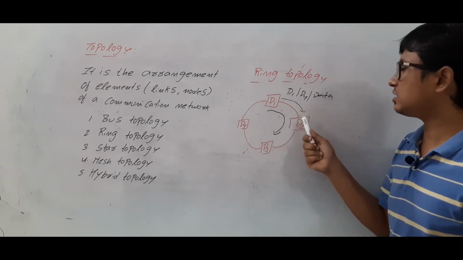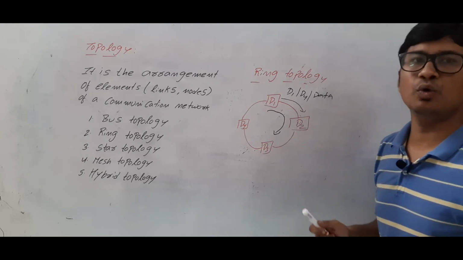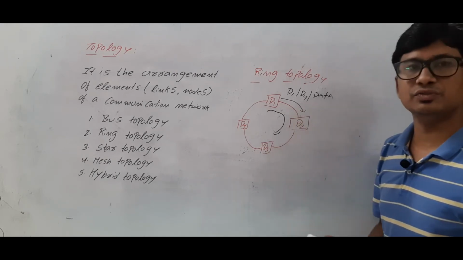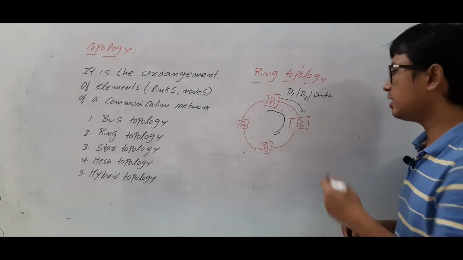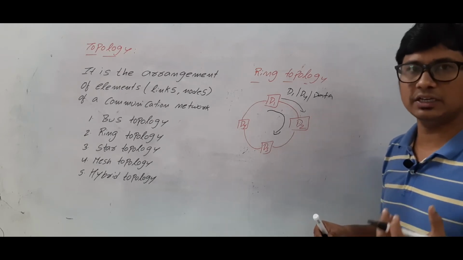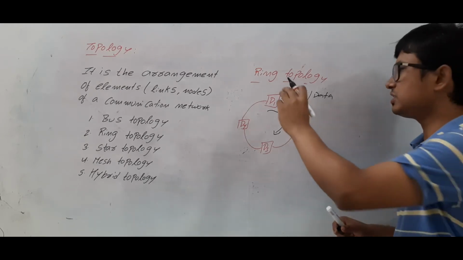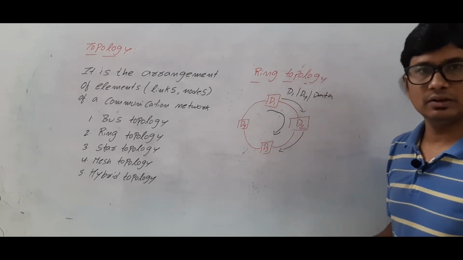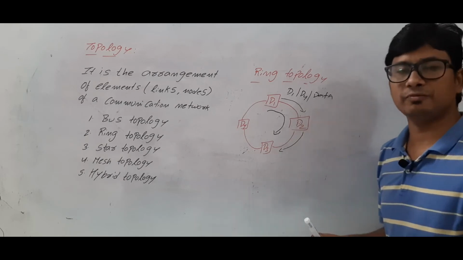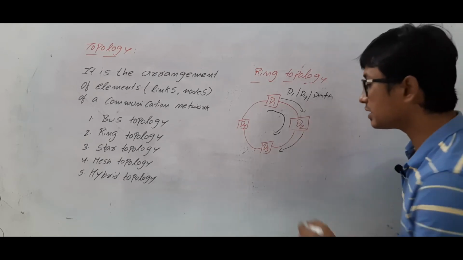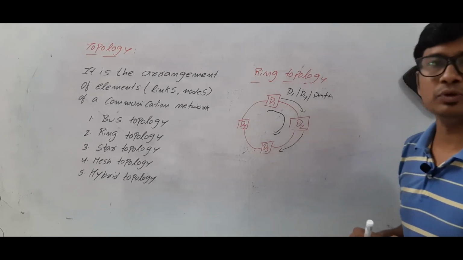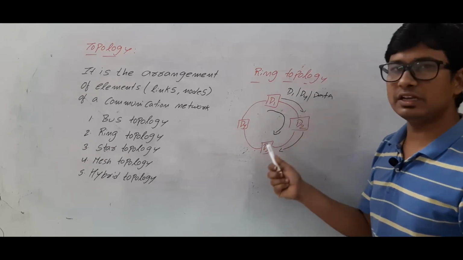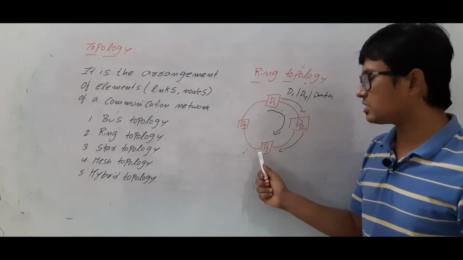The destination address does not match its own address, because it is D2 and this is D4. So it will not receive the packet; it will just check the packet and forward it. Meaning this packet is not mine, so it will just allow it. Then it will come to device 3. Then device 3 will check whether the destination address matches its own address.